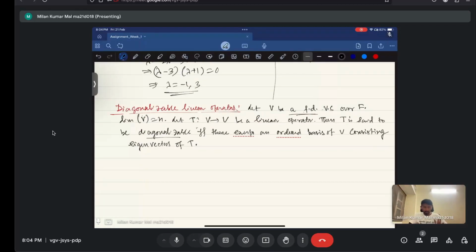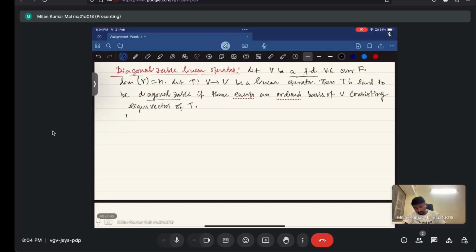That I will discuss, but for now you can assume finite dimensional. But finite dimensional is not necessary to define a diagonalizable operator. Then T is said to be diagonalizable if and only if there exists an ordered basis of V consisting of eigenvectors of T.